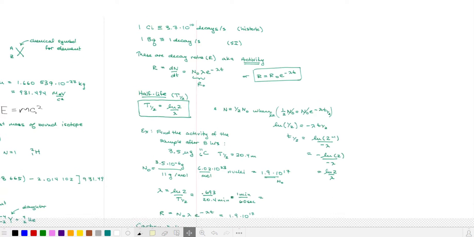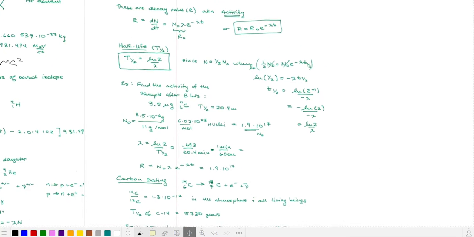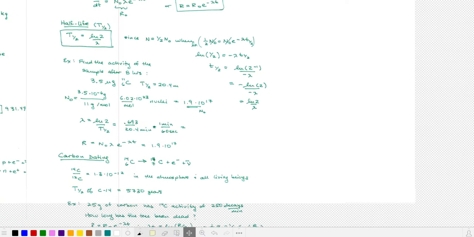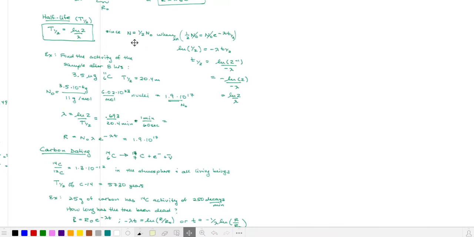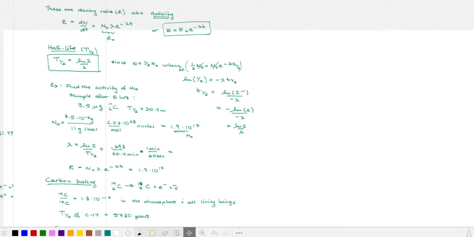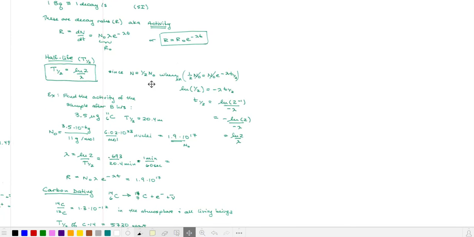And finally, another thing that you might have seen or heard about is half-life. Half-life is the amount of time that it takes the number of radioactive nuclides to decrease by a factor of 2. So in this expression, n equals n naught e to the minus lambda t, if I let n equal 1/2 n naught, then I have this expression.